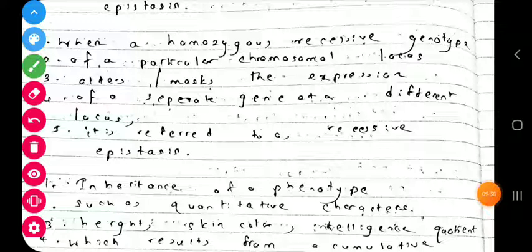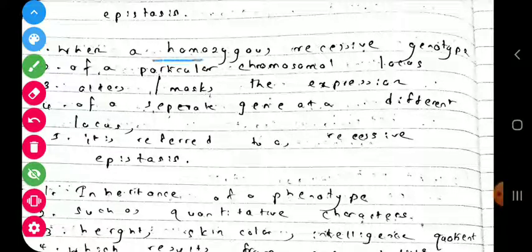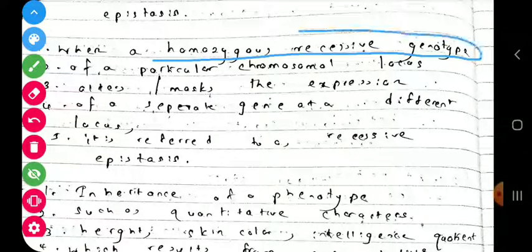So what is recessive epistasis? When a homozygous recessive genotype, remember those words, very important words: homozygous recessive genotype, recessive and homozygous.